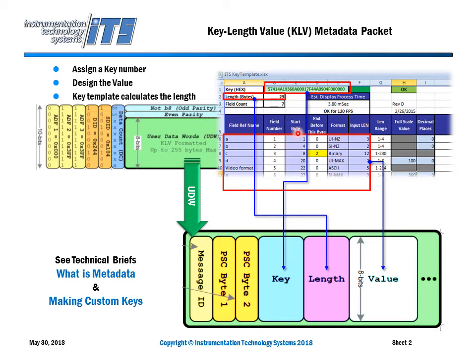Assign space for it in terms of the number of bytes and offset into this memory space, and assign it what that data represents, whether it's integers signed or unsigned, whether it's floating point numbers, whether it's ASCII text or just a binary block. You can do that all with the key template, as we've described in other videos.